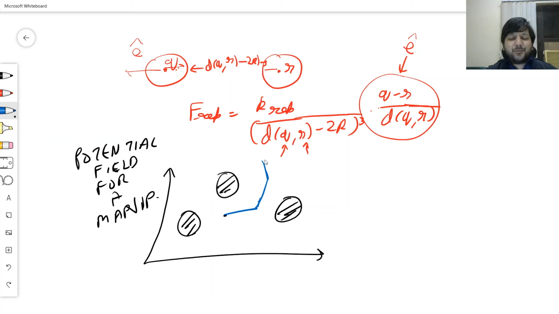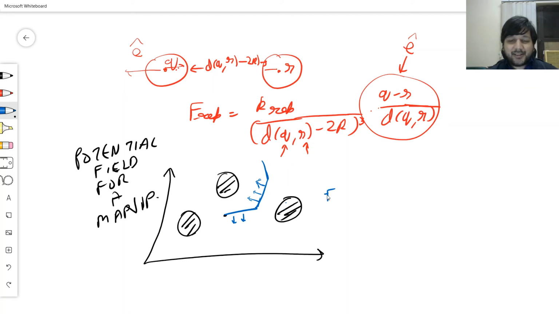The first thing that you apply is you say that each one of these arms receives a repulsion force. So this will receive it because this obstacle is closer, this is far away, this will receive because of this, that's far away, this is close. And all these are converted into torques.